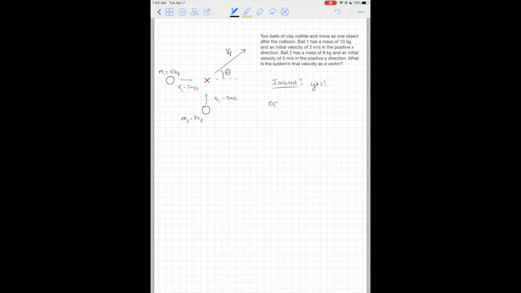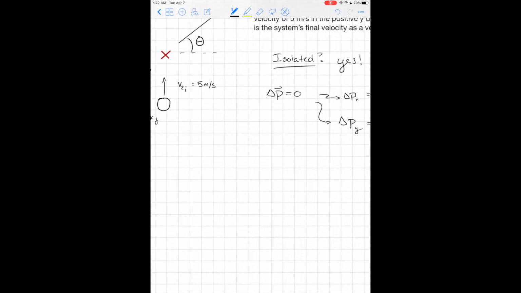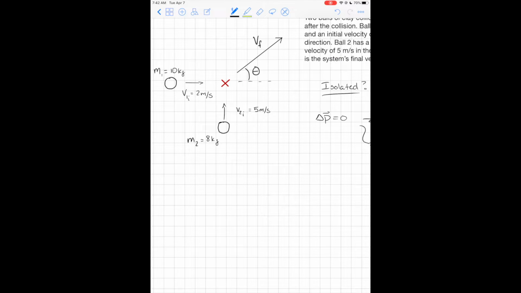All right, so we are conserving momentum as a vector. But this kind of means two things, right? It means that we are conserving x momentum and we are conserving y momentum. If we think about this, we have two balls of clay coming in at 90-degree angles, but with different masses and different velocities.